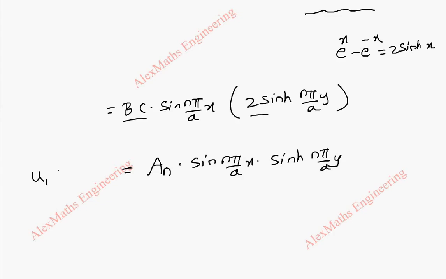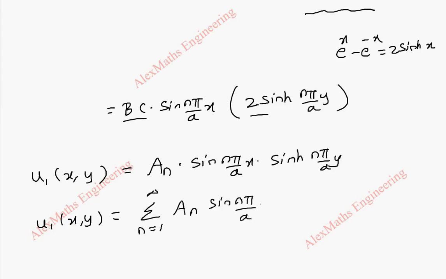This is our u1 of (x, y). Let's write the general solution by taking the summation. So summation n is from 1 to infinity, we have An, then sin(nπ/a)x into sinh(nπy/a).